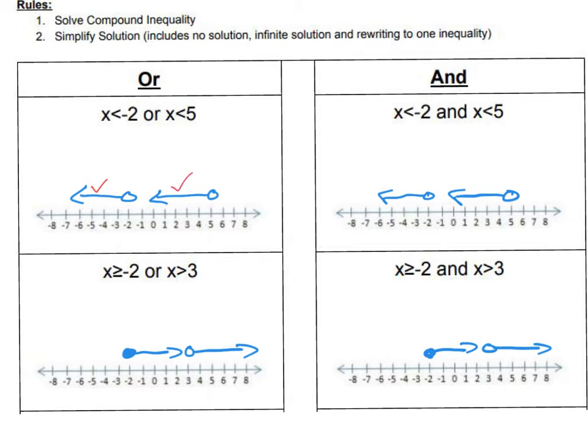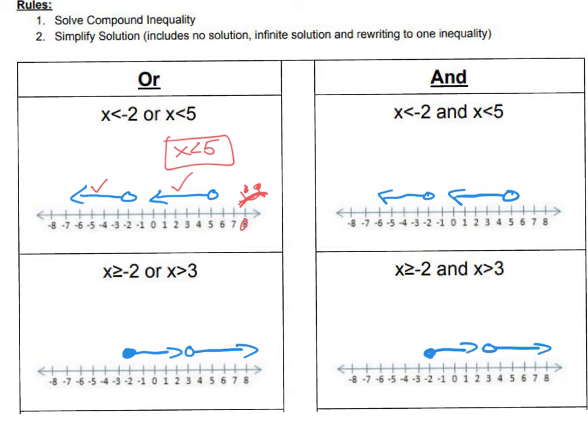Yeah, everything's good there. So basically anything that's -2 or less is part of x less than 5. Now, 8 is not less than -2, and 8 is not less than 5. This is where we're saying that this area is no good, so we don't want to include that as part of our solution. What we can say is anything that's less than 5 would be our simplified answer.